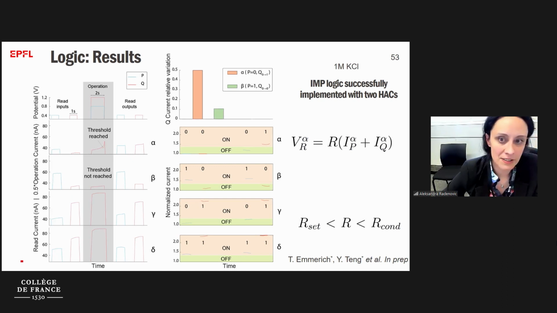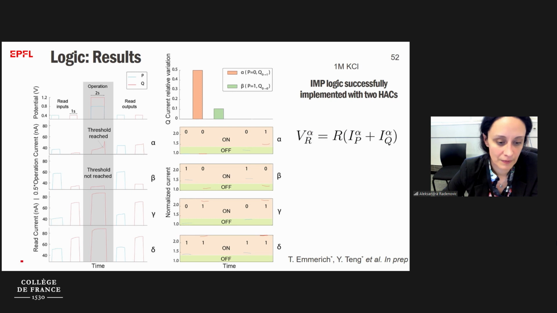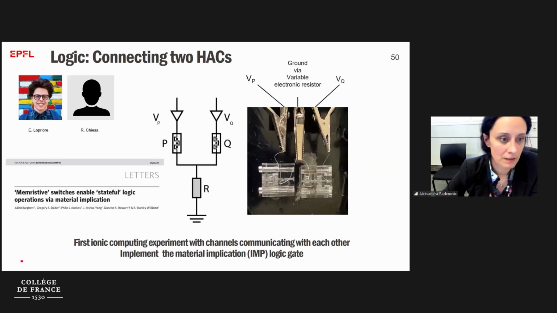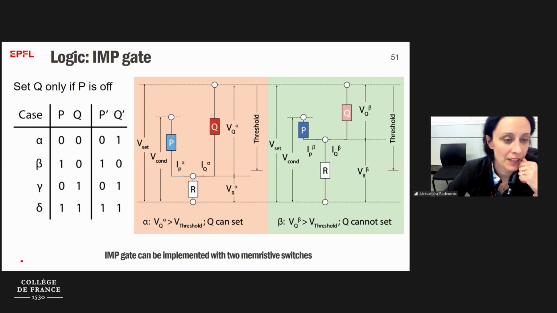So we have successfully implemented the IMP using two hacks, recapitulating everything in a logic table, based on the conditional switching of the P prime Q prime to the P and the Q. So if we go back to the logic table, here the output states are really dependent on the input states, and the very important thing is in which state our primary device, P, is. So is it on or off?